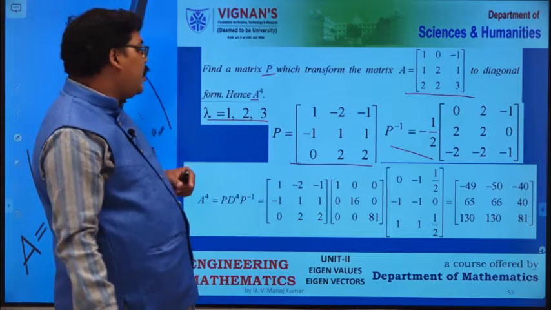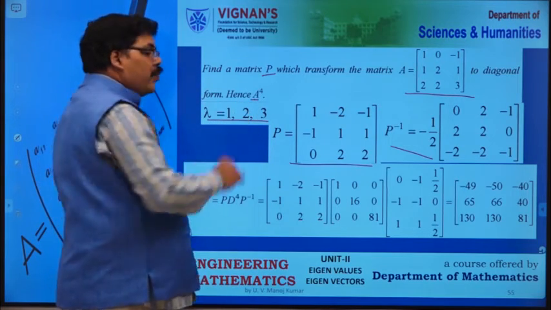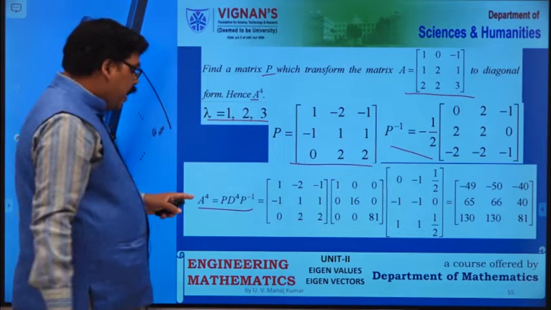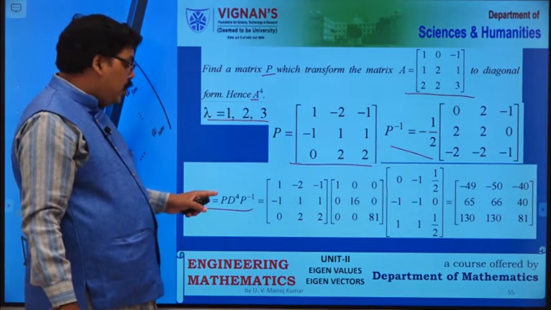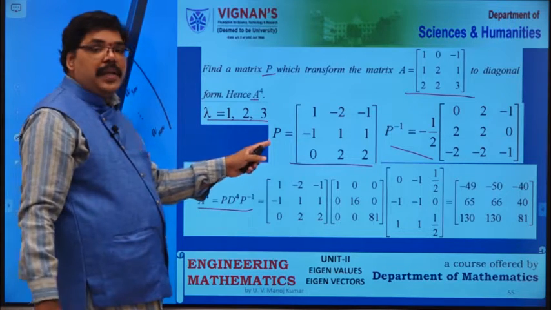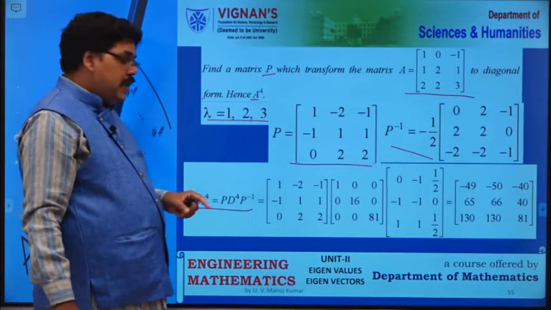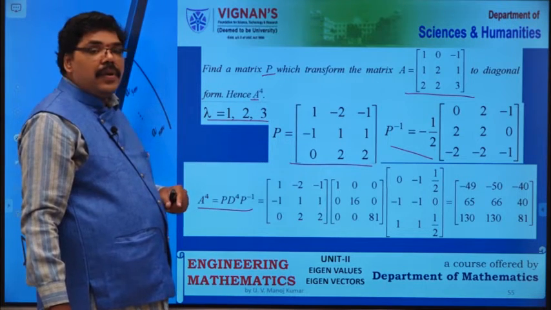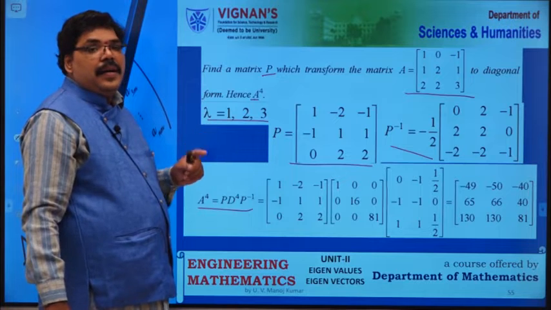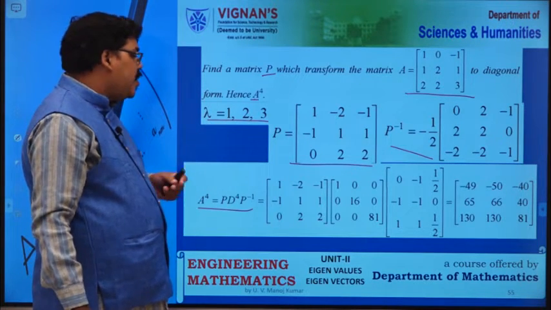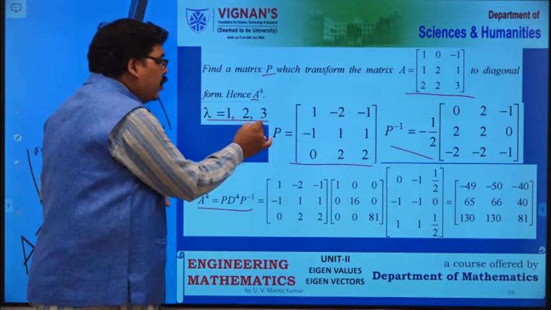Now what is your requirement? A power 4 I want to find. So what is the relation? A power 4 equals P D power 4 P inverse. I know P, I know P inverse, and I know D power 4. How to write D power 4? Raise the elements of D to the power 4. What are the elements of D? 1, 2, 3.